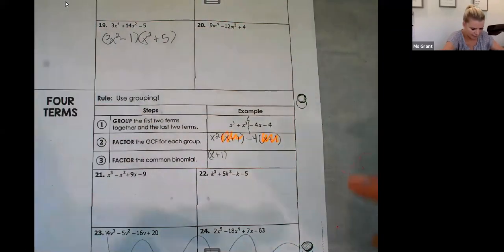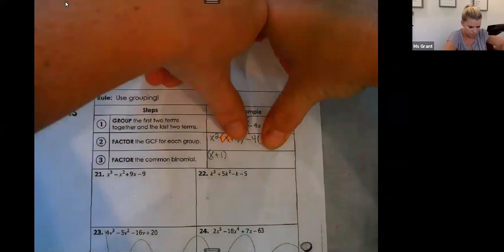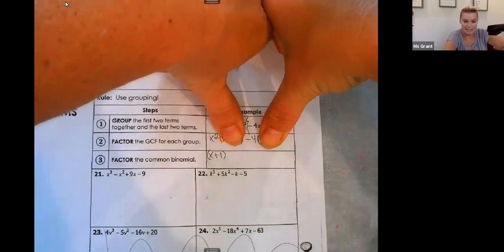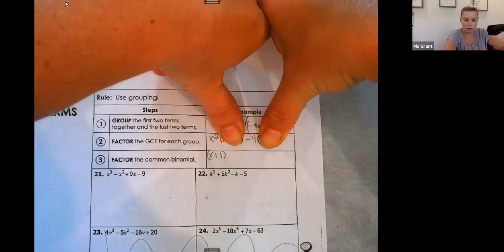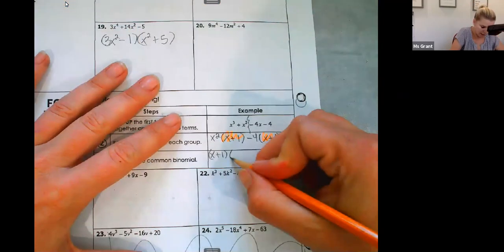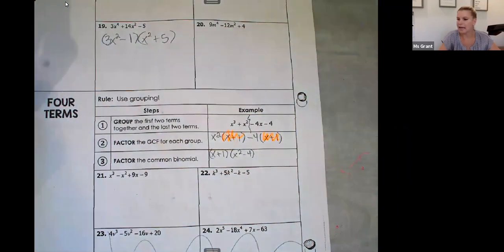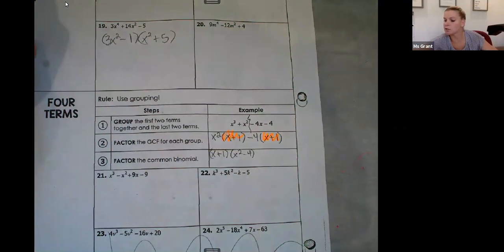Now, when I cover up my orange, I have an x squared minus 4, right? That's left. That gets put together, and that is a binomial, x squared minus 4. But again, your brain still has to be thinking, can I go further? Is there anything else I can do?